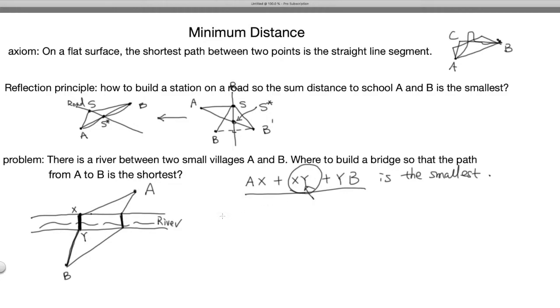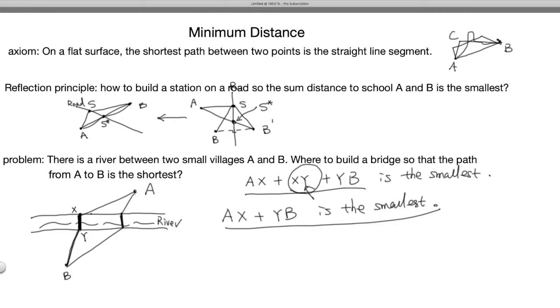So really we want to find a place so that AX plus YB is the smallest. Okay, does that really help? Not so fast.